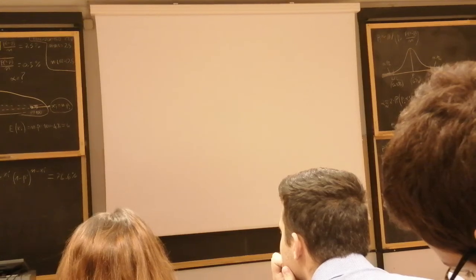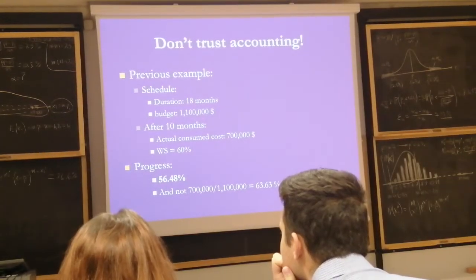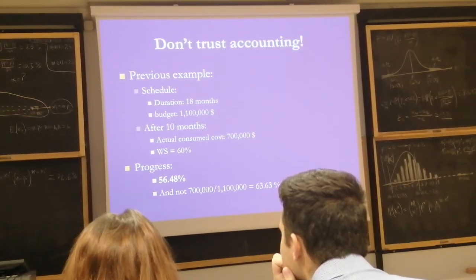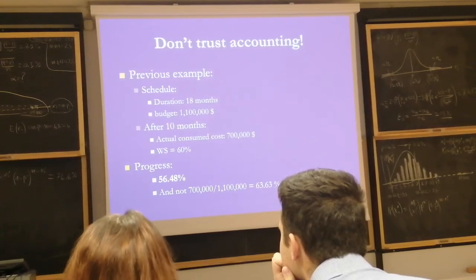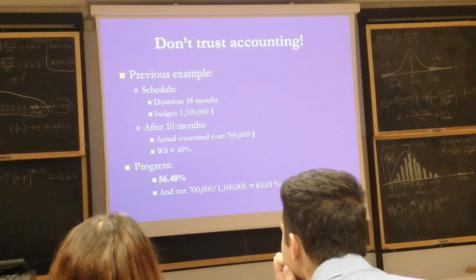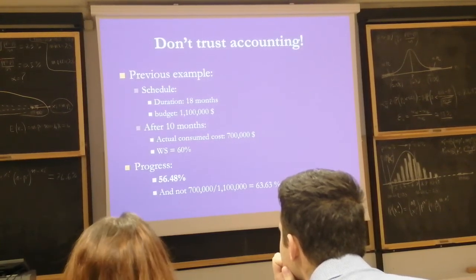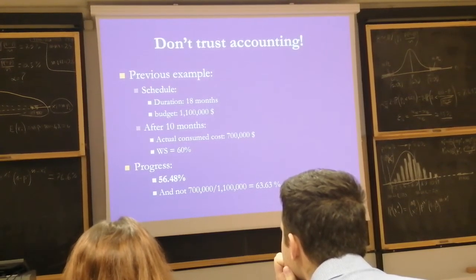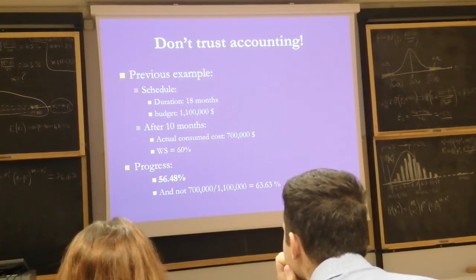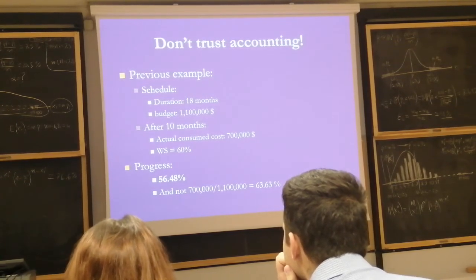So, come on, late or early, cost overrun or cost savings. 60% is the work scheduled 10 months into execution.